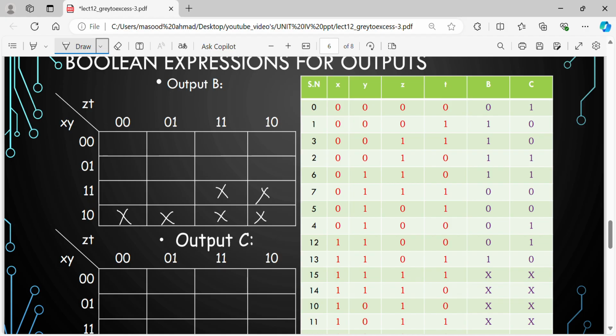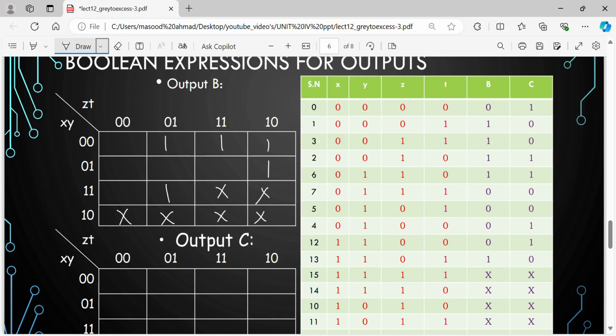It is 1 for 1, 3, 2, and 6. So where is the 6? 4, 5, 6, this is 6. Anything more? Yes, the total number of ones for B is 4 plus 1, 5 ones. 4 ones have been taken. One more 1 is 13. So where is 13? 12, 13. 13 is 1.